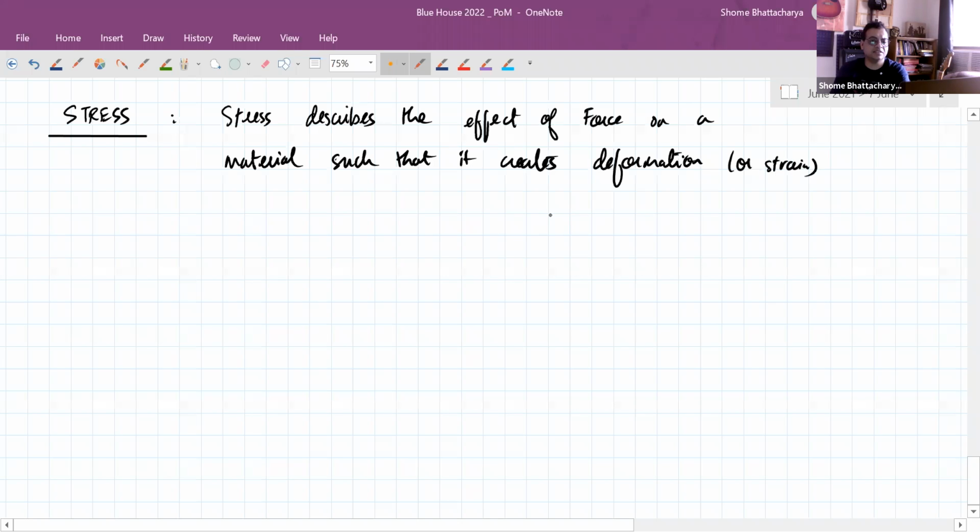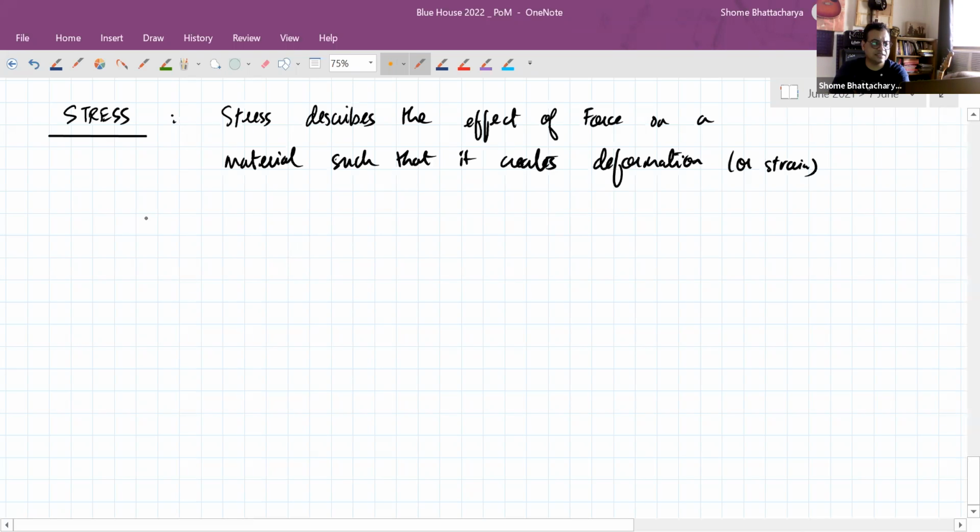So whenever an external agent is applying some kind of action on a body in terms of an external force, we will be able to define some quantity on the basis of force which has the effect of the body getting deformed. So that quantity that we define in terms of whose basis is the force, and that is creating the deformation of the body, that is called stress.